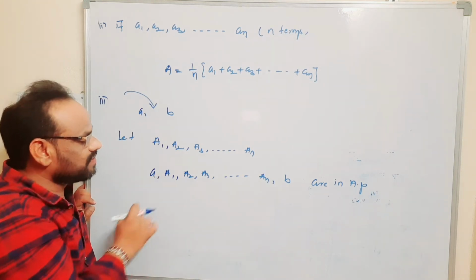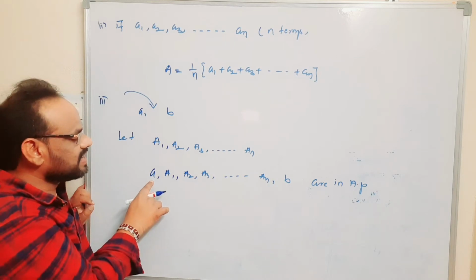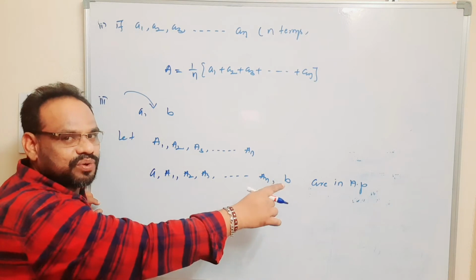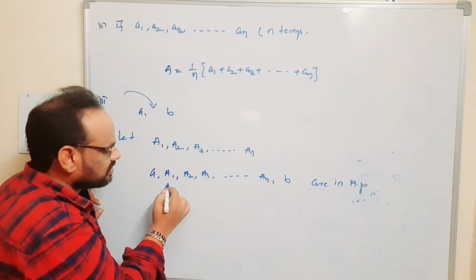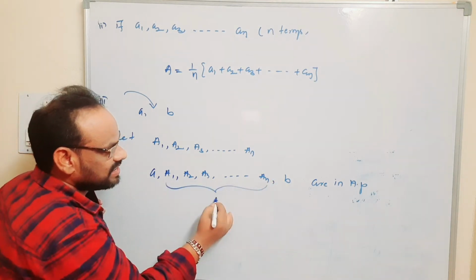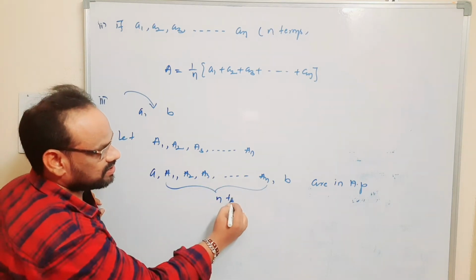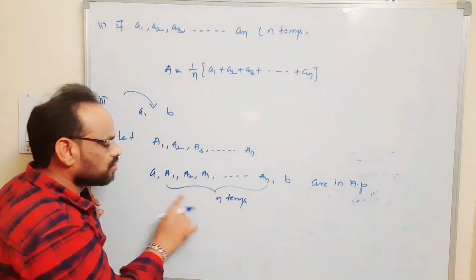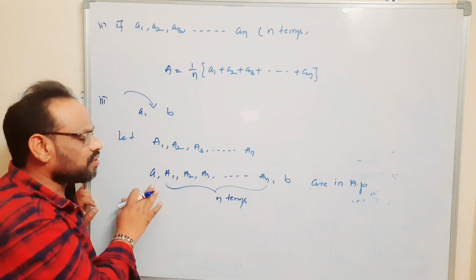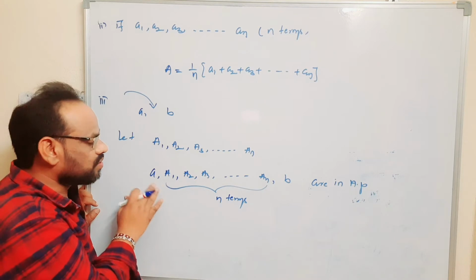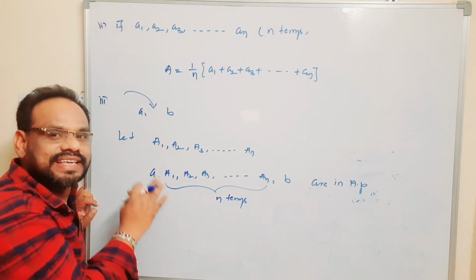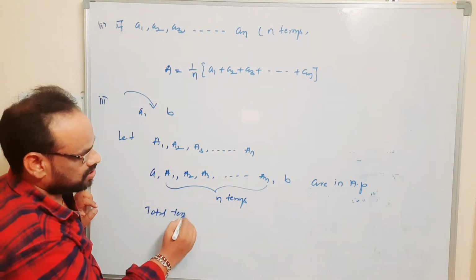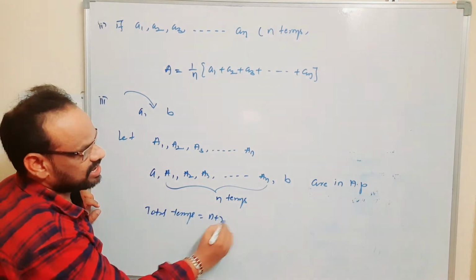What is the common difference here? Observe: a1, a2, a3, and so on, an, b are in arithmetic progression. Here, from a1 to an there are n terms, and then there is a at the start and b at the end. So the total number of terms in this sequence is n plus 2.